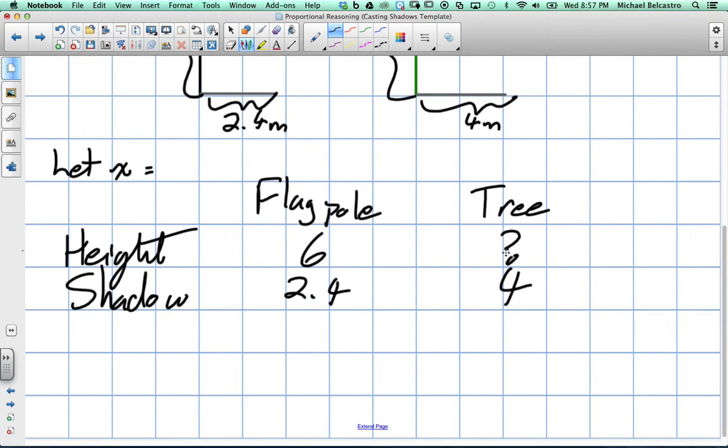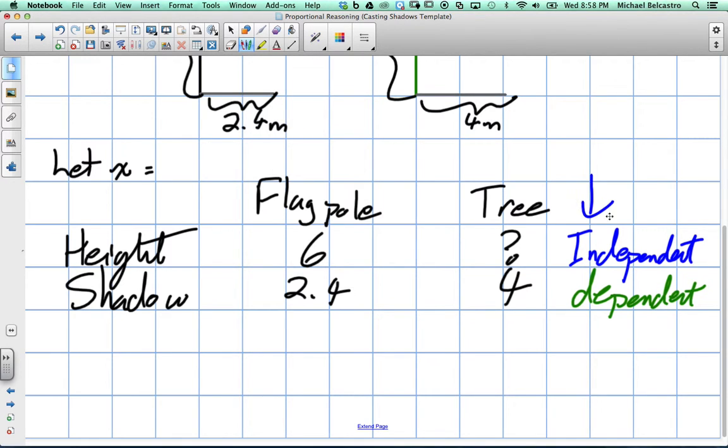Great. It makes sense that our heights are our independent variable, and our shadow is our dependent variable. What we mean by that is that as the height changes, the shadow would also change.